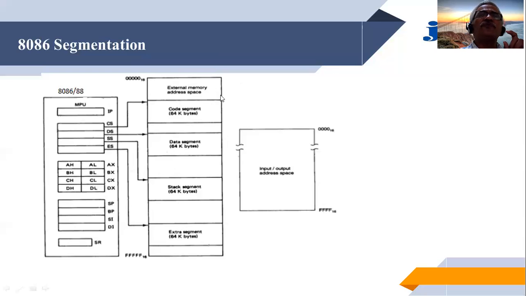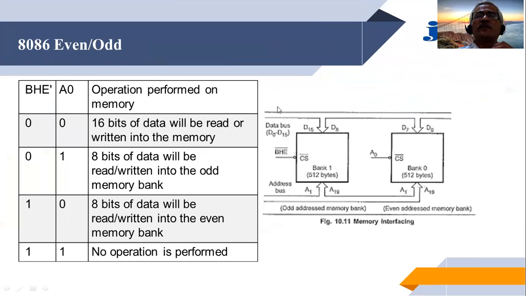But when we talk of the memory, we know the memory is always in terms of bytes. And the 8086 is a 16-bit processor. So is it that we access the memory locations or the data in the memory a byte at a time, or is there a provision so that we can access the whole 16 bits of data at a time?